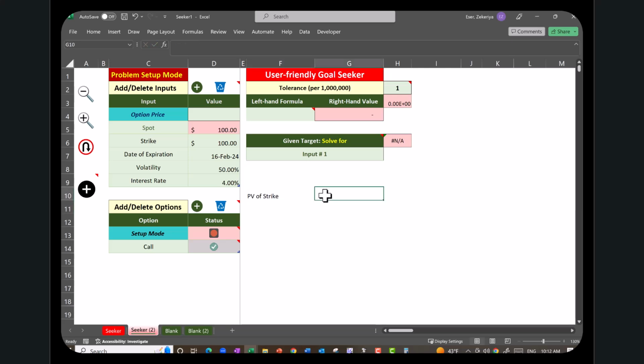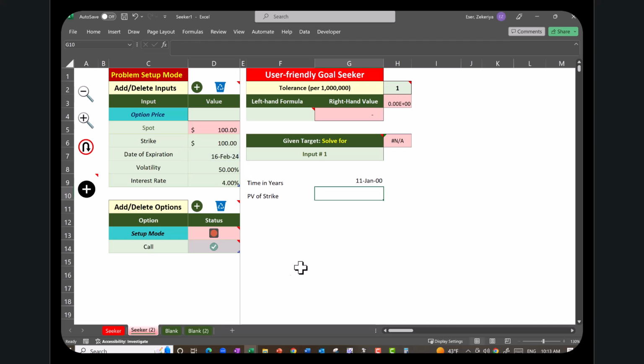That's exp negative interest rate. Oh, let's do this. Time in years. I made sure that you entered only date. That date minus, there's a little function in Excel called today, okay?